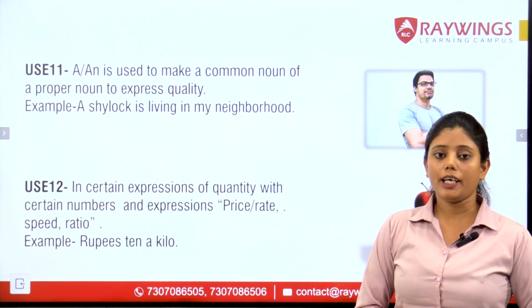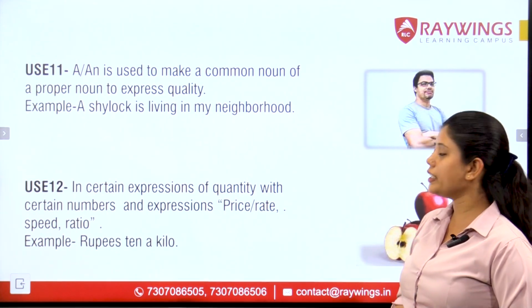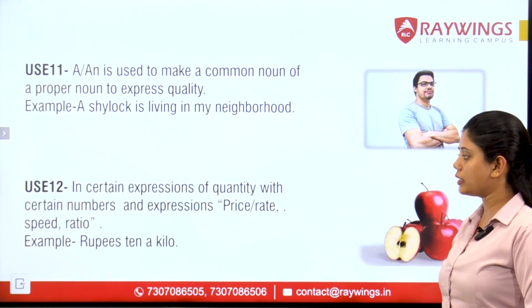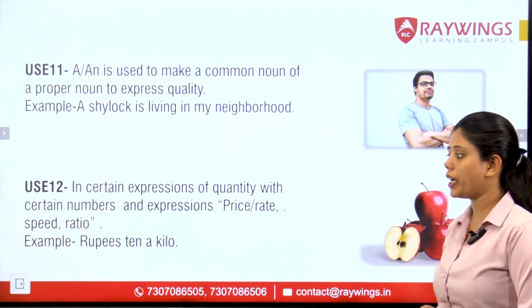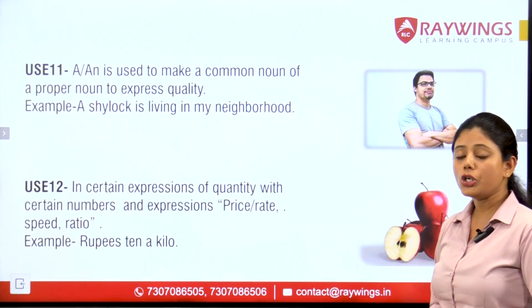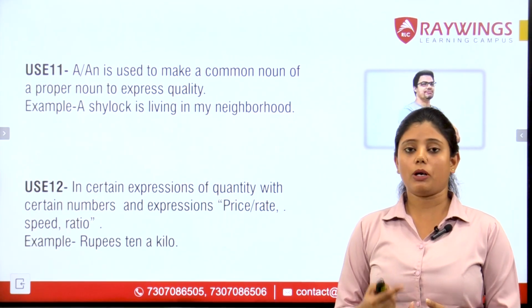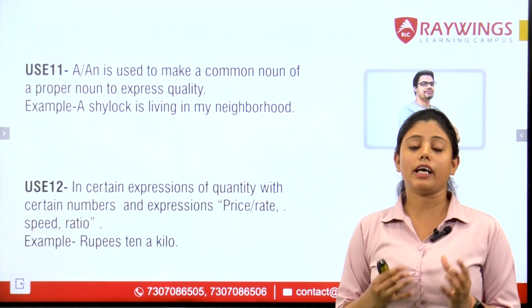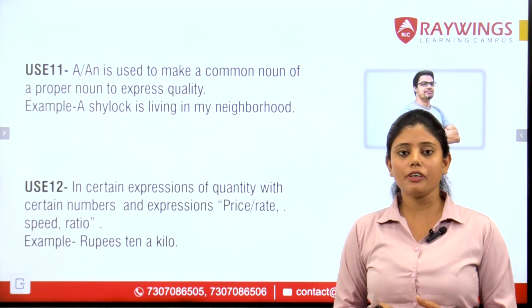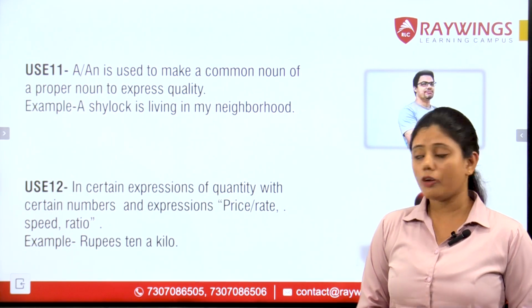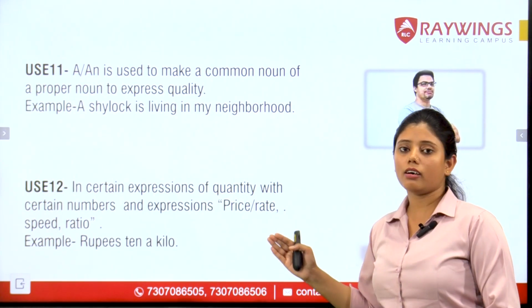Use number 12. It says, in certain expressions of quantity with certain numbers and expressions: price, rate, speed, ratio. So whenever we have to describe any price, the speed or any quantity like that, always remember to use article a or an before it. For example, rupees 10 a kilo.